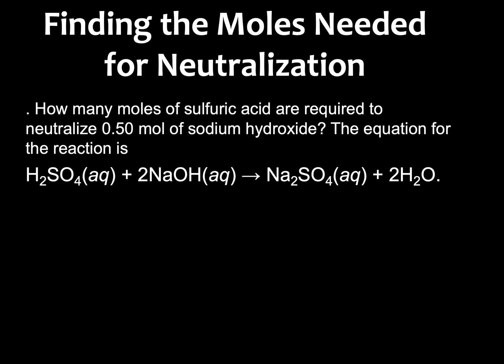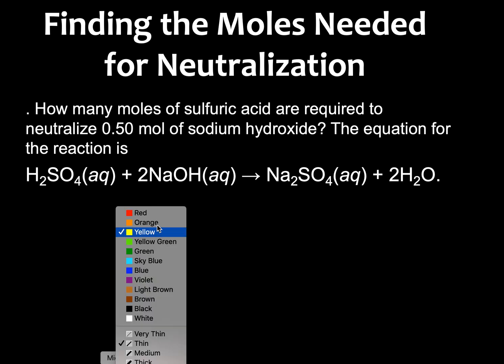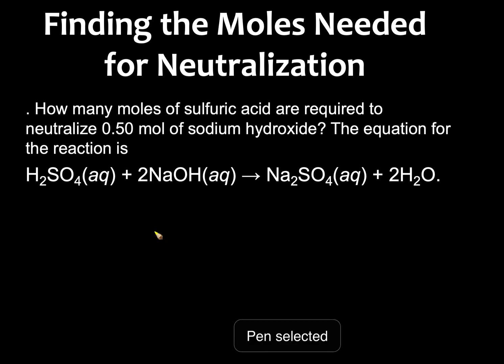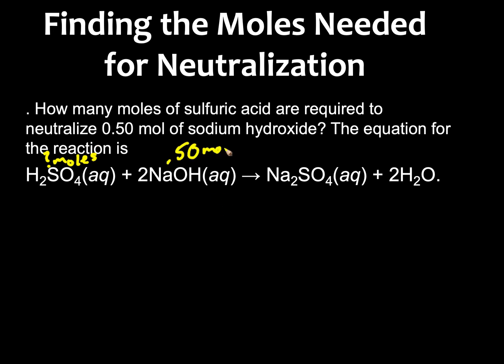So, finding the moles needed for neutralization. It says, how many moles of sulfuric acid are required to neutralize 0.50 moles of sodium hydroxide? So we're at 0.50 moles of NaOH.